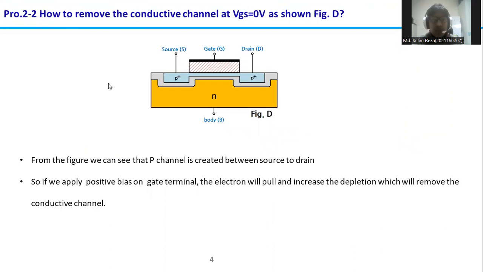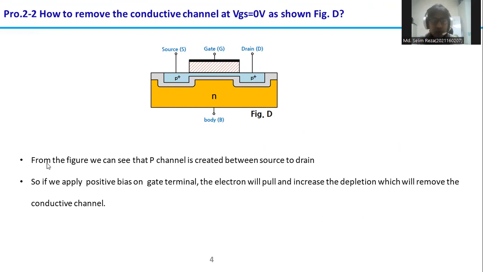Now the second part of the question is how to draw the removal of the conductive channel at VGS equals 0 in the reference figure. You can see in this figure the P plus and P plus, that means this channel is P, this one is the body and this one is the gate. So how do we remove this P channel?